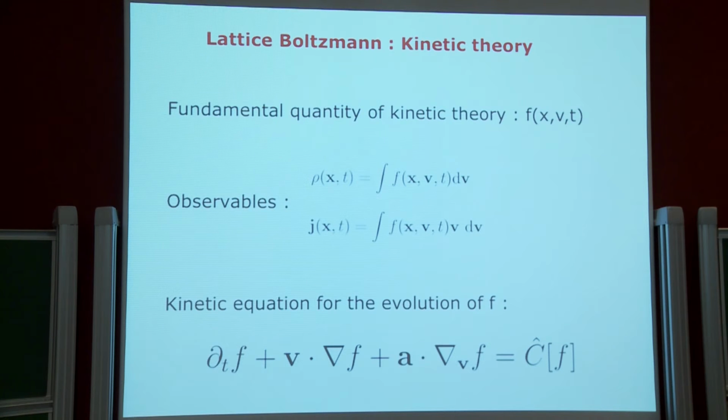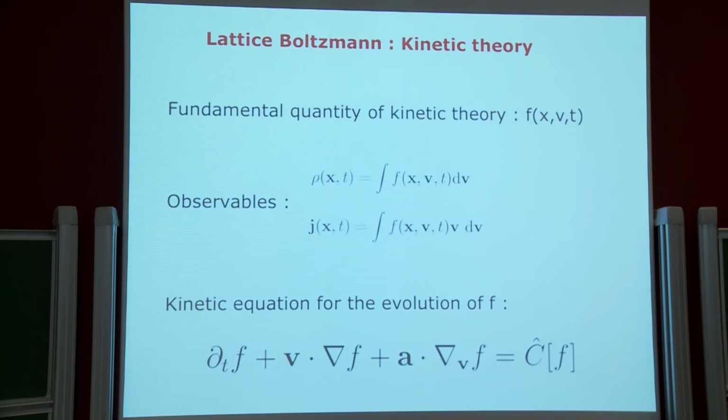If you want to deal with more complex systems like liquids, then you need to make some further approximations. Just to mention how difficult this problem is from the mathematical point of view, there are many mathematicians working on this, and some of them even won the Fields Medal working on this type of kinetic equations, because it's a very difficult problem from the mathematical point of view.